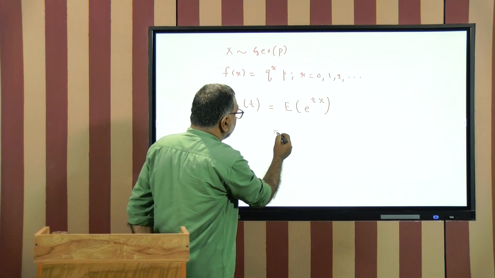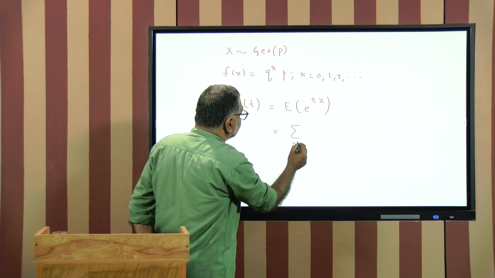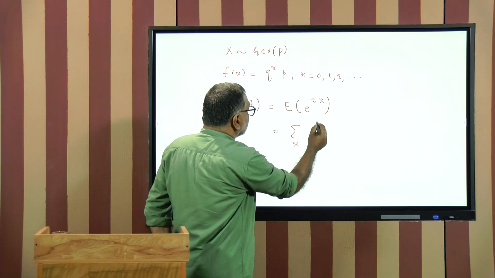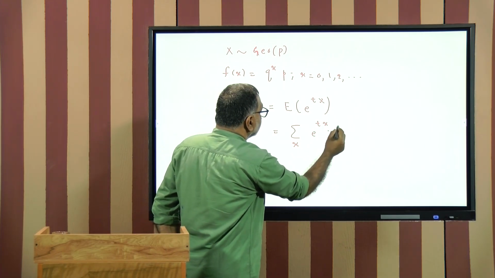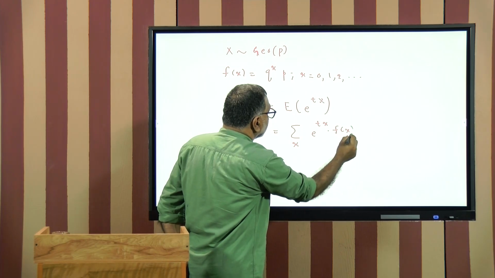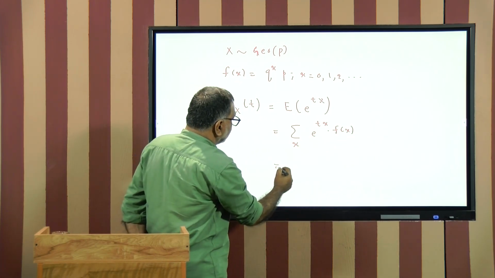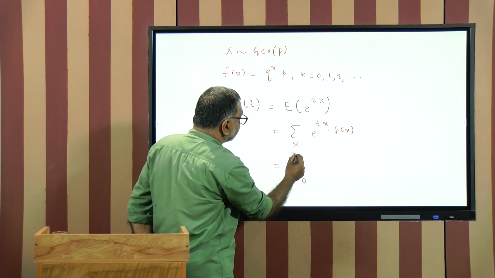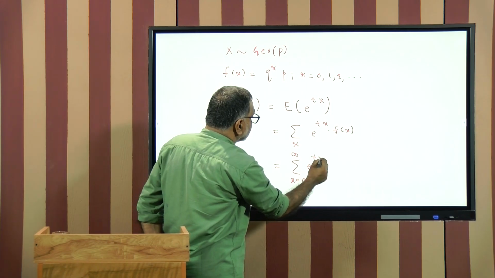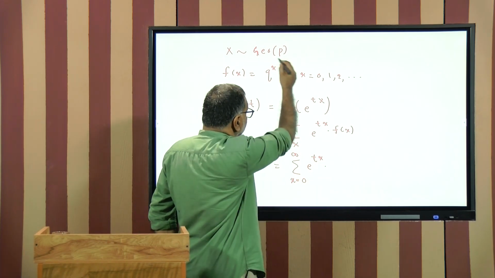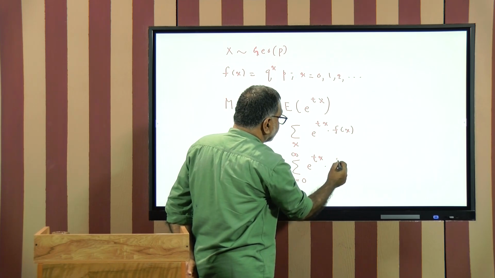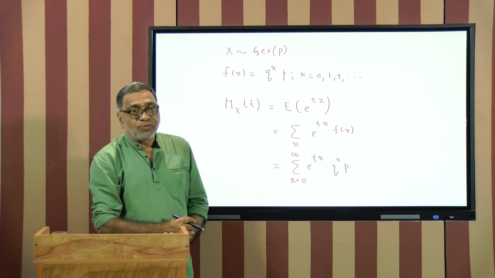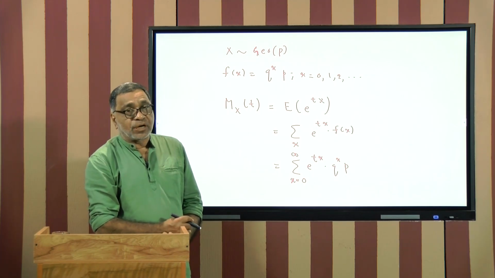Since it is a discrete random variable, the expectation is obtained by the sum over x of e^(tx) f(x). Substituting the probability mass function, it is the sum over x = 0 to infinity of e^(tx) f(x), with f(x) = q^x p. That is the moment generating function of the geometric random variable.